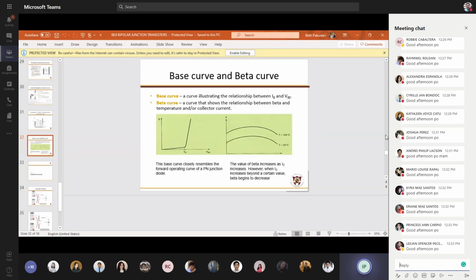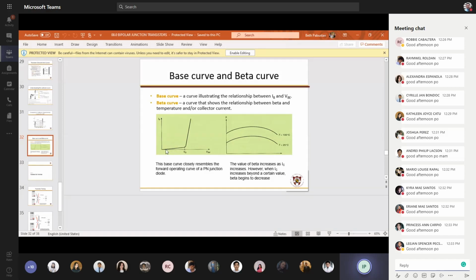Last time we had the collector characteristic curve. The collector characteristic curve, you actually call that the output characteristic curve. Pag naman base characteristic curve, this one is the input.